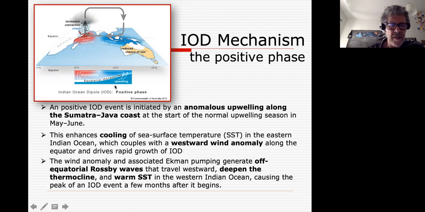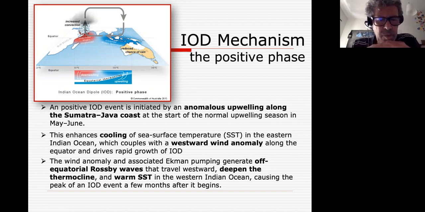So the equatorial thermocline is displaced at the east, it is shallower, while we have a downwelling in the ocean on the western side, and an accumulation of warm water. Not only SST, but the whole water is involved with that.